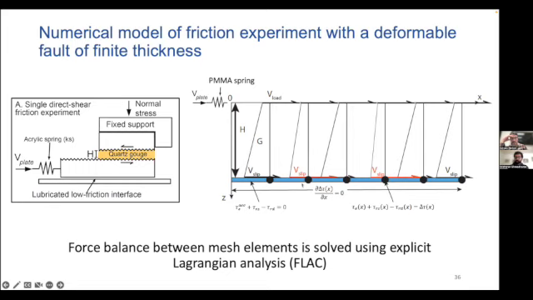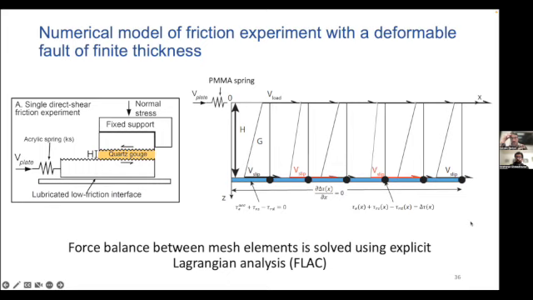And the frictional forces are imposed at the shear boundary in blue as shear tractions. So basically, we're solving a force balance that includes elastic compressional loading of the spring, shear loading of the fault, both of which are balanced by rate-and-state friction shear traction at this blue boundary, as well as radiation damping.